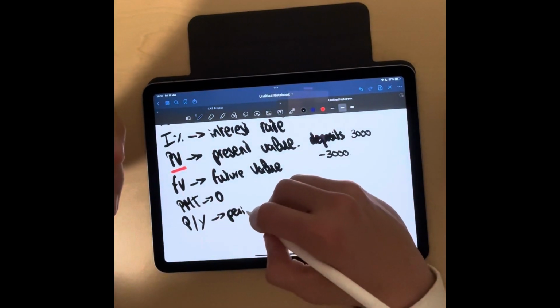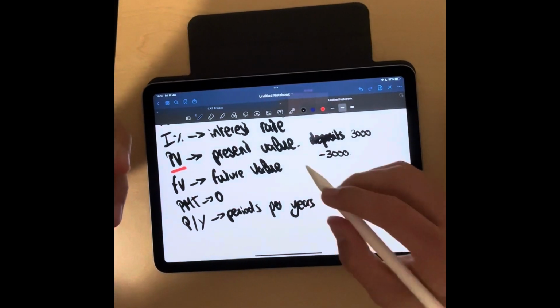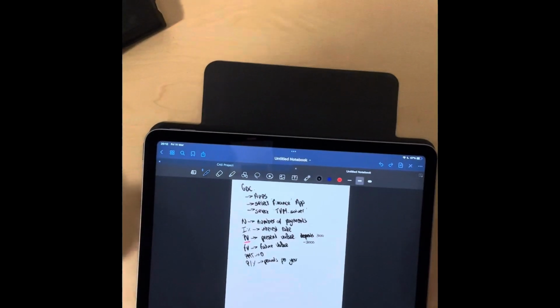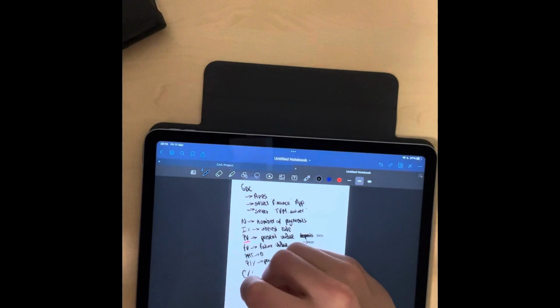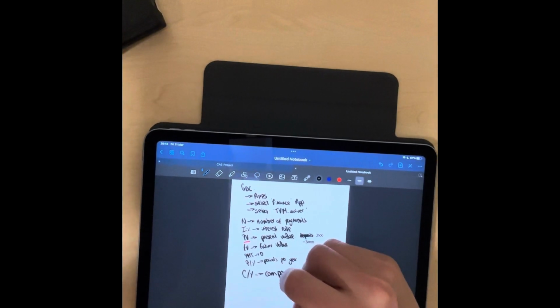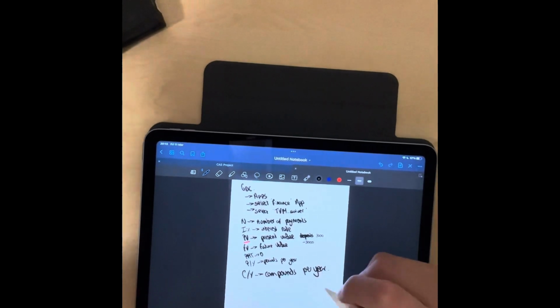PY is periods per year. And finally, CY is compounds per year. So let's get this straight.